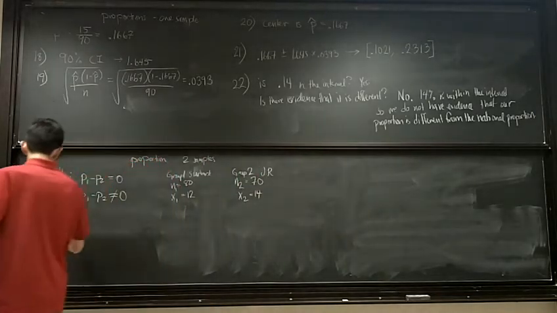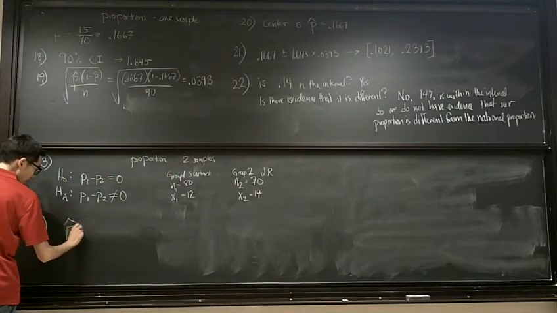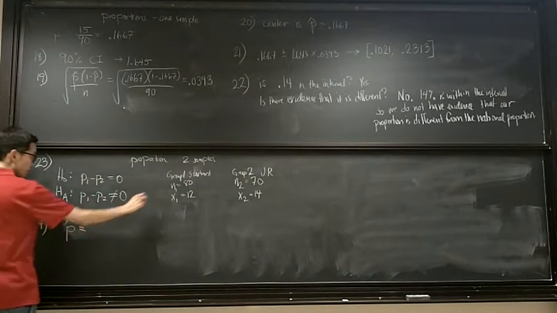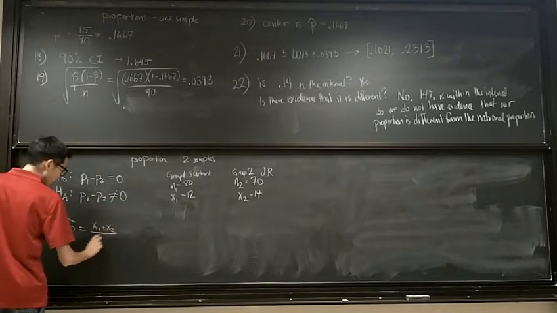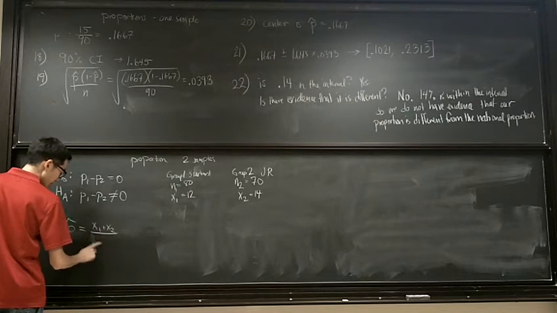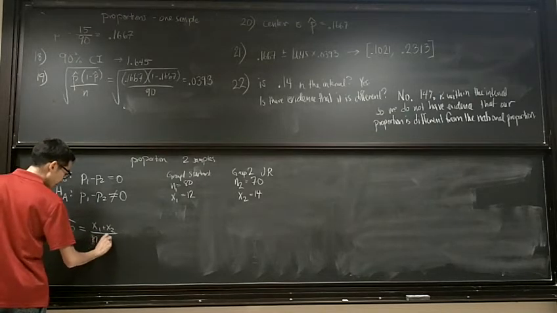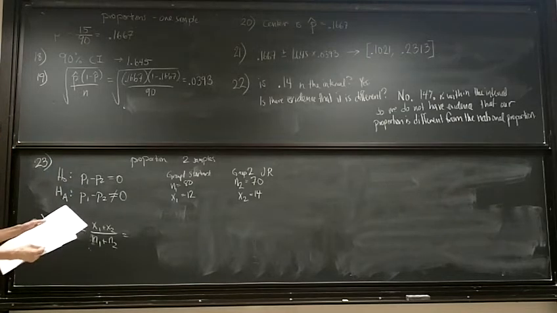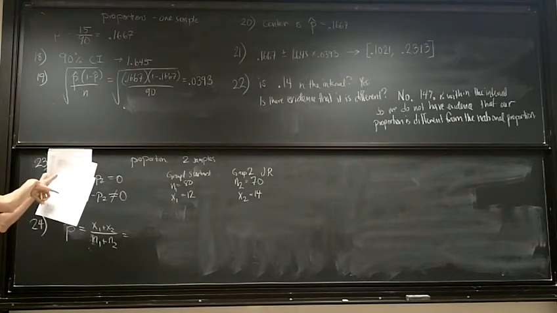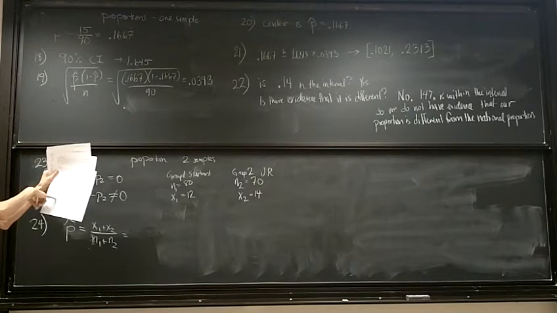My overall p hat is going to be x1 plus x2, the total number of cherry flavored candies, divided by the total number of pieces. That is also written in our guide.